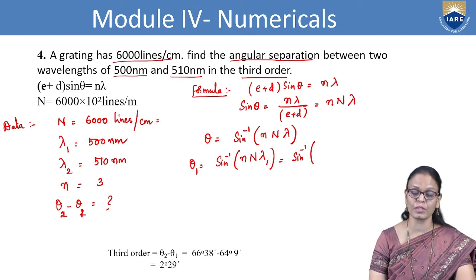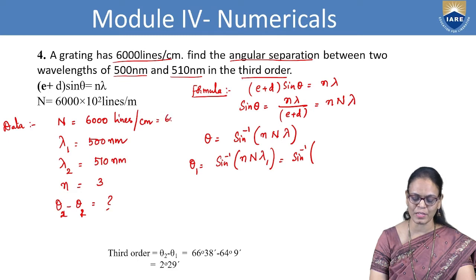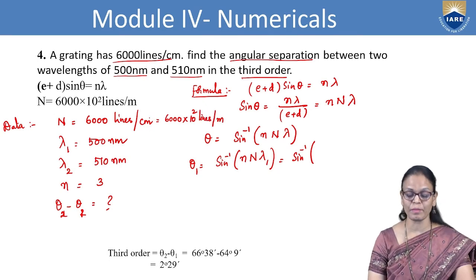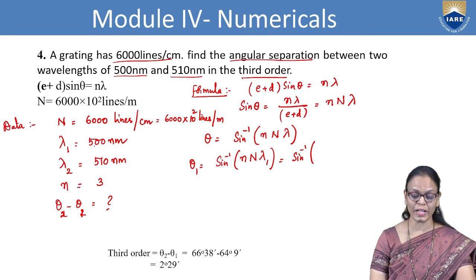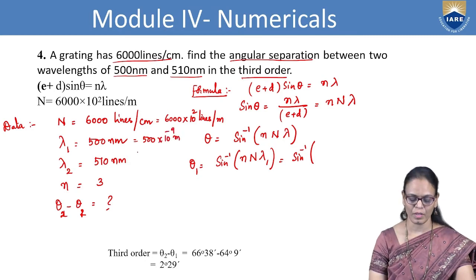So I'll convert both into meters. So 6,000 lines per centimeter means 6,000 into 10 power 2 lines per meter. So 1 centimeter is 10 power minus 2 meter. So if it goes to the numerator, you have 10 power 2 in the numerator. And 500 nanometer is 500 into 10 power minus 9 meter. This is 510 into 10 power minus 9 meter.